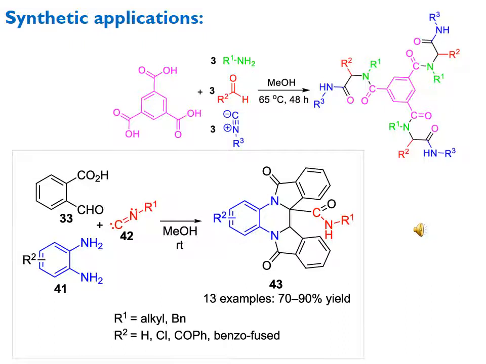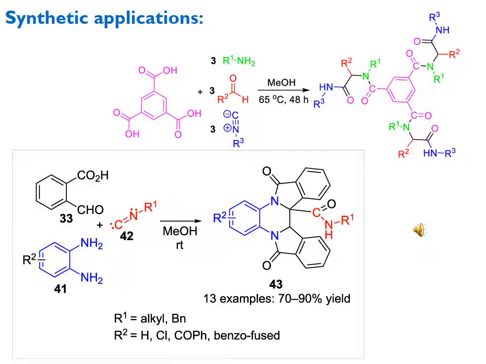In methanol at room temperature, the product has been achieved in this way. As we are using a diamine, 2 molecules of this aldehyde bearing benzoic acid functionality and 1 of the isocyanate have been used, and we get the final product, a cyclized product.